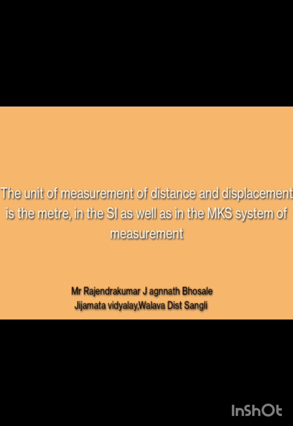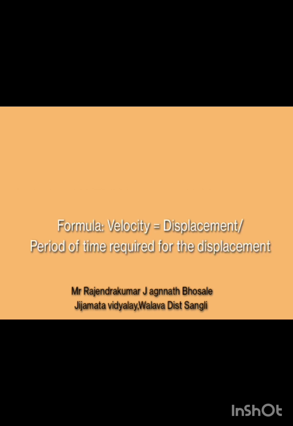So displacement is a vector quantity. We should know the unit. The formula of velocity is equal to displacement divided by the period of time required for the displacement.